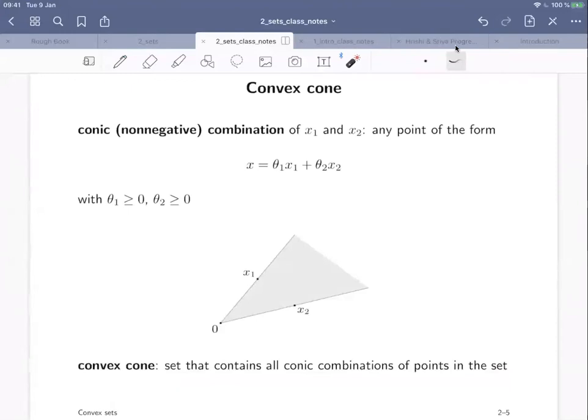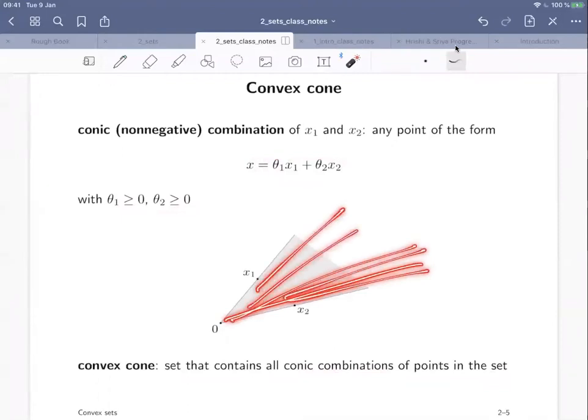We already saw what a conic combination is. It is a combination like this, where the weights are non-negative. So here we have a convex cone, this region, this set.